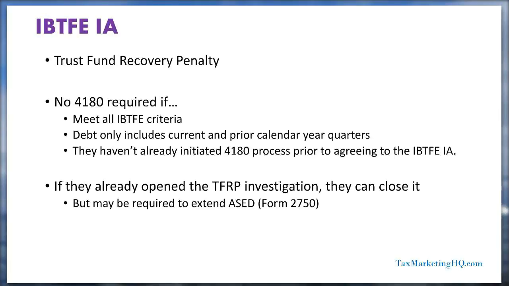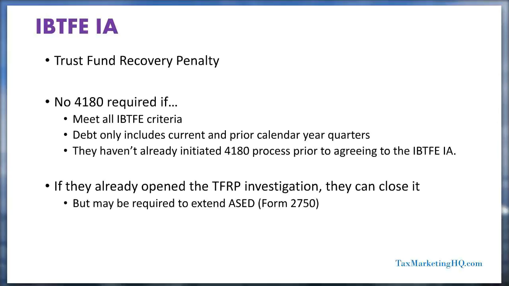If they've already opened the 4180 investigation, the government can close it, but your client is going to be required to extend the statutory time period for which the IRS is allowed to do this investigation and assessment. This is done by signing Form 2750, which is the agreement to extend the assessment statute expiration date. That's what the ASED stands for.